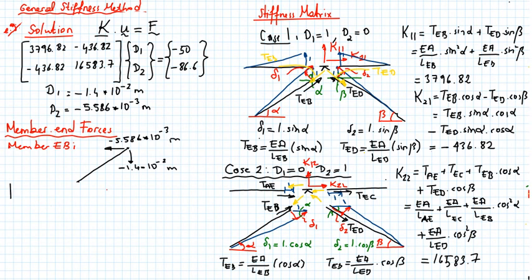We can say that FEB is the stiffness coefficients that we find in these free body diagrams multiplied with the member end displacements. So what is KEB? Let's determine that.